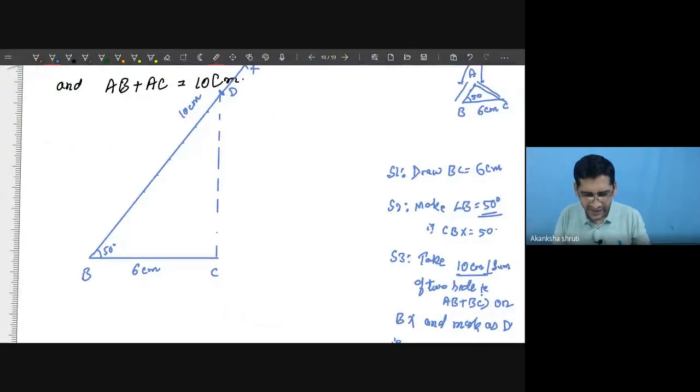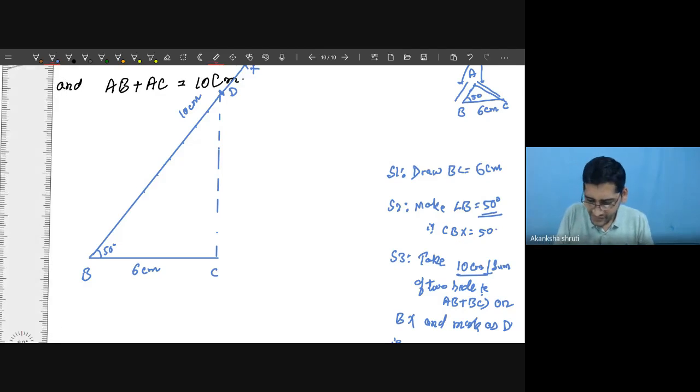Students, how can we draw the perpendicular bisector? Very easily, by drawing two arcs. Take your compass and make the radius slightly greater than CD by 2. Place it on C and make the arc on either side.